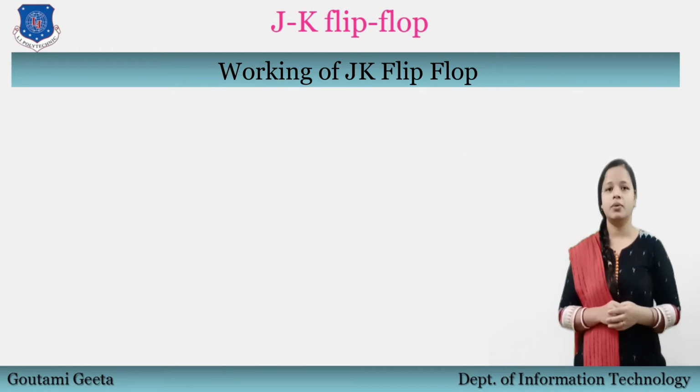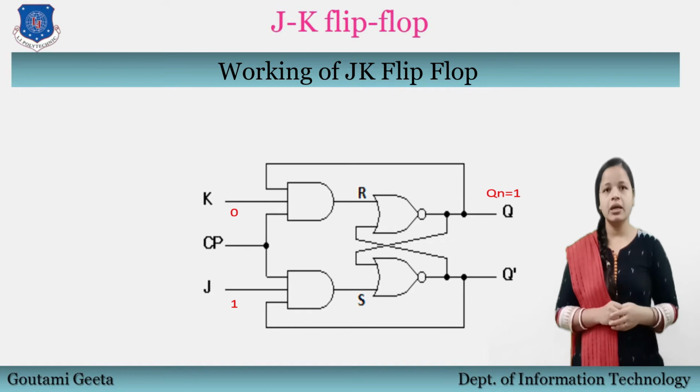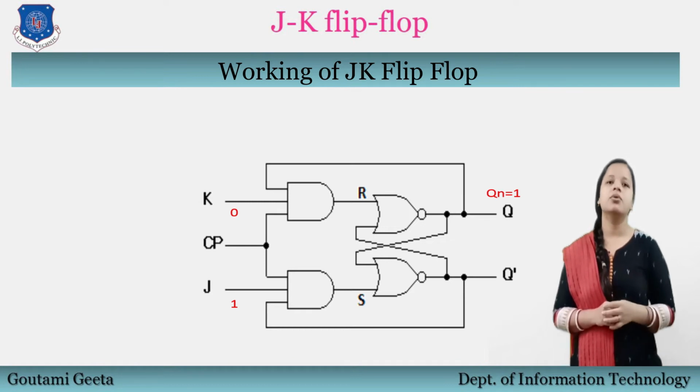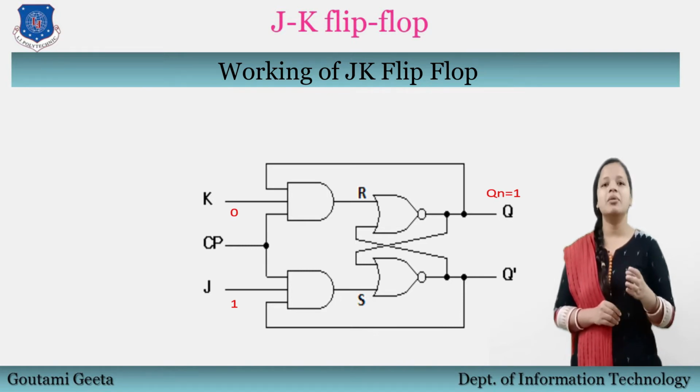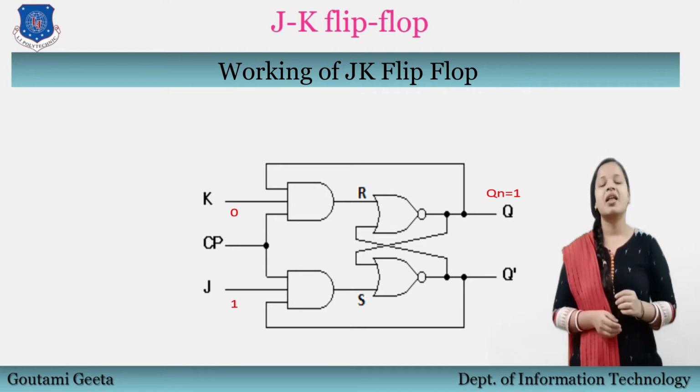When J is equal to 1 and K is equal to 0, the AND gate corresponding to K becomes 0, that is, R becomes 0. So S is equal to 1 and R is equal to 0. Therefore, Q becomes 1. This condition will set the flip-flop, and this represents the set state of the flip-flop.